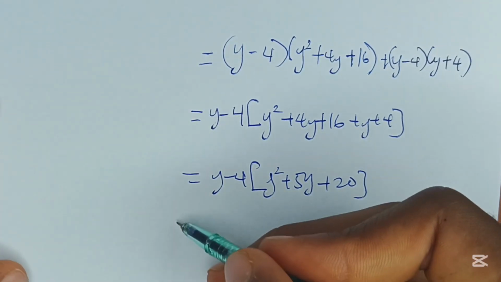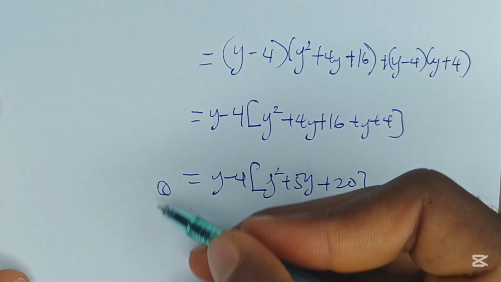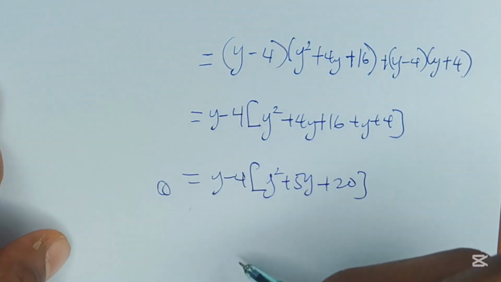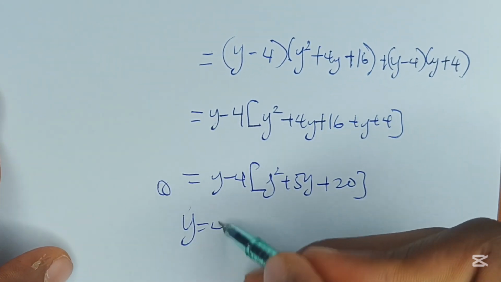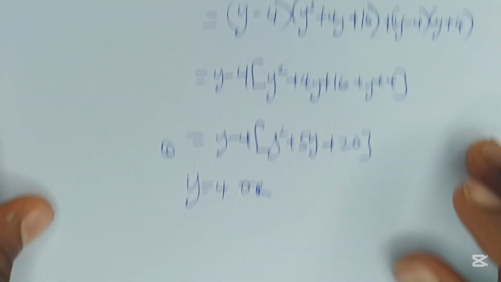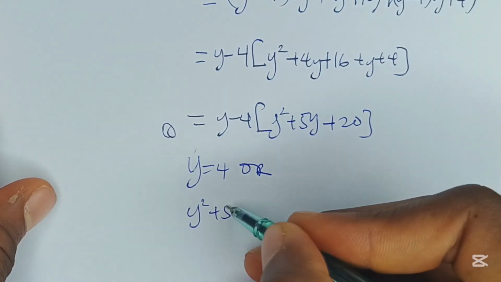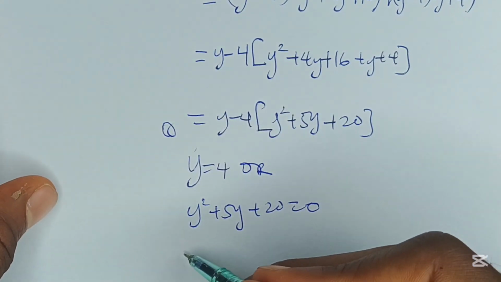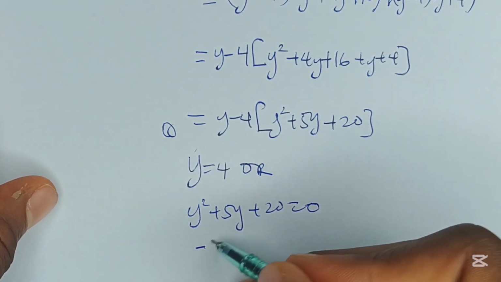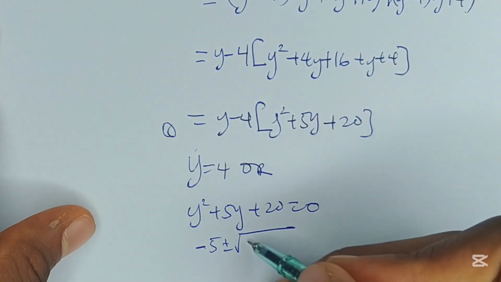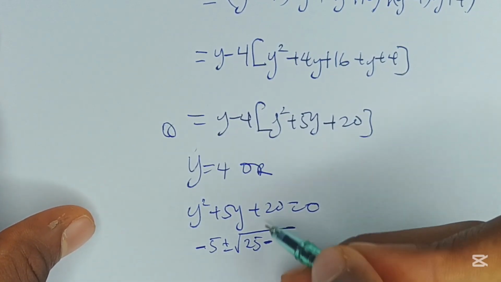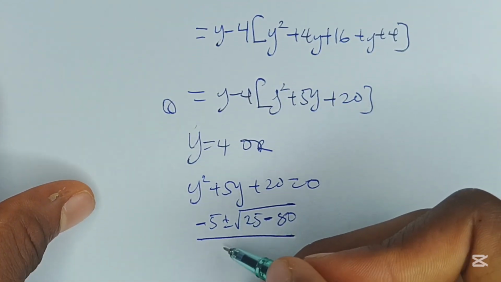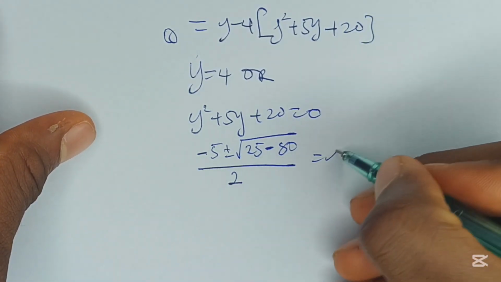Now, when the product of two things is equal to 0, it's either the first one is equal to 0 or the second one is equal to 0. It's either that y is equal to 4 or y squared plus 5y plus 20 is equal to 0. From here, we can use the quadratic formula. So we have minus 5 plus or minus square root of 5 squared, which is 25, minus 4ac, which is 4 times 20, which is 80, all over 2a, which is 2 times 1, which is 2, is equal to y.